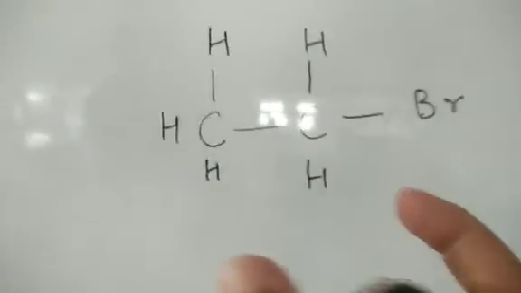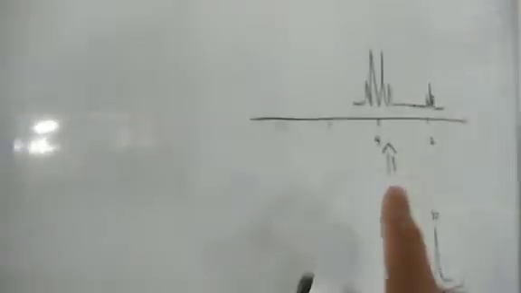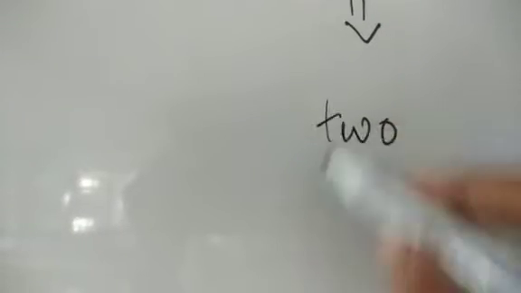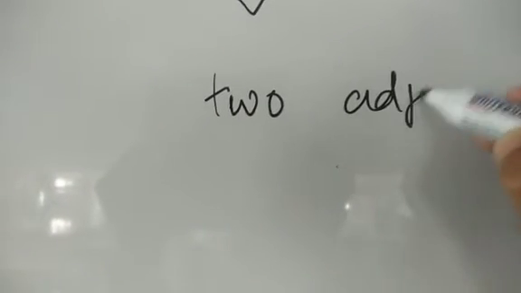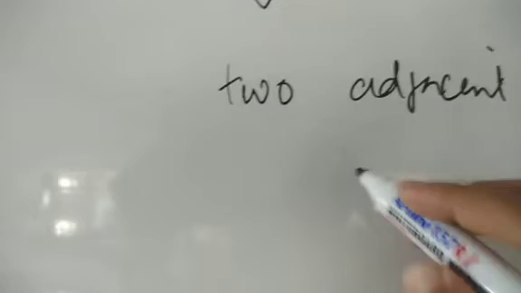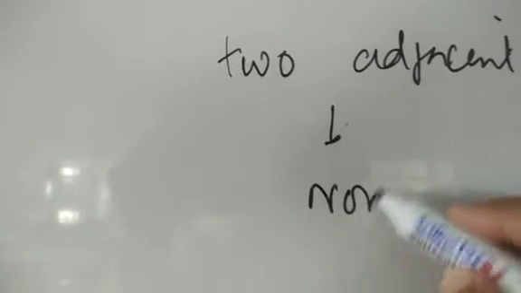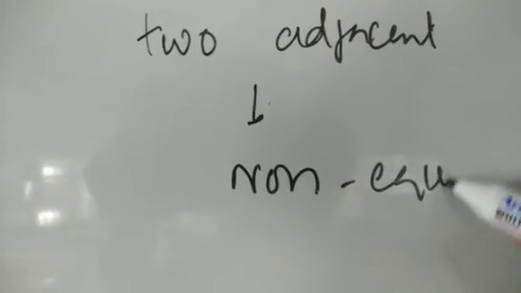Whenever we have chemically non-equivalent protons, then only this splitting is important. Remember, तभी ये splitting occur हो जाएगा. So spin splitting occurs when we have adjacent non-equivalent protons, chemically non-equivalent protons.